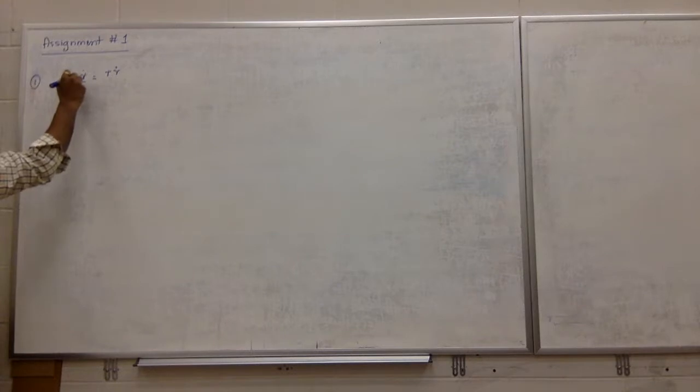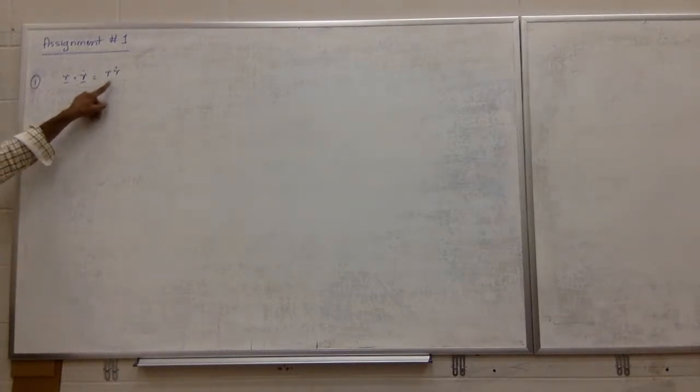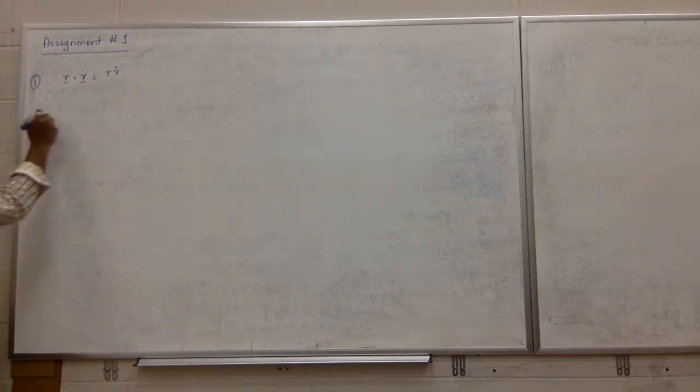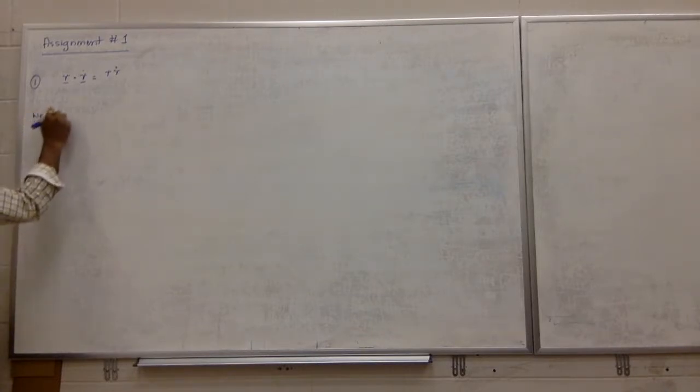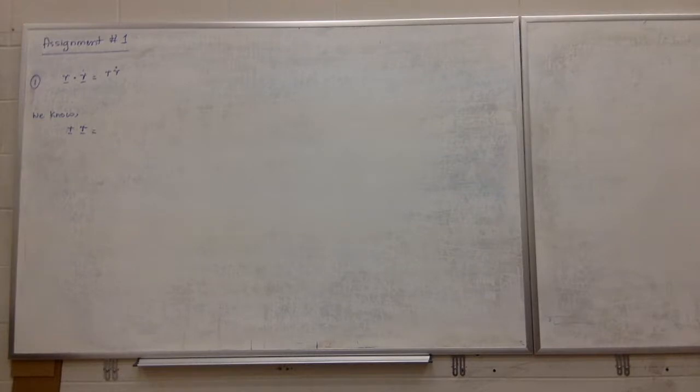What it essentially says is a vector dotted with its derivative is equal to a scalar multiplied by its derivative. So you start with, we know r dotted with r is r cosine theta.